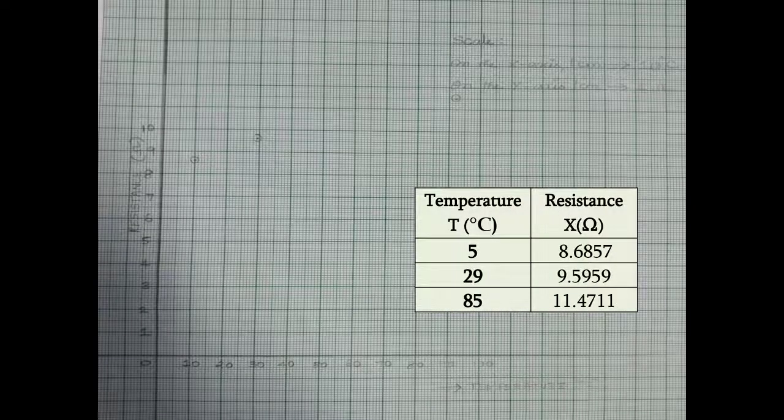Next, let us plot the graph here. So for 5 degrees it is 8.6857, for 29 degrees it is 9.5959, and for 85 degrees it is 11.4711. So all these points are plotted here.